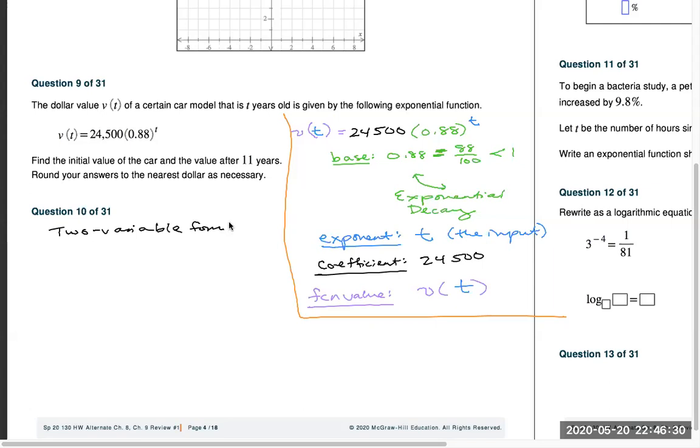It'll be a little bit easier to explain that way. So one is going to be exponential growth.